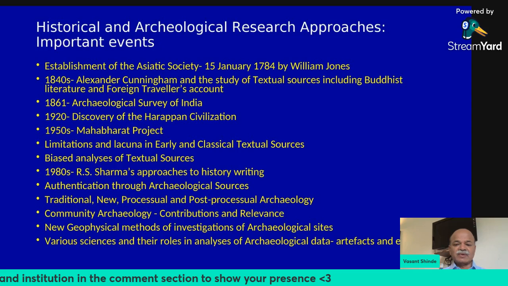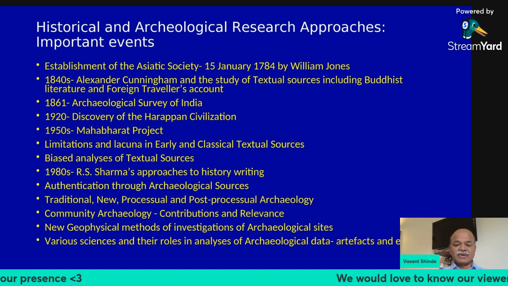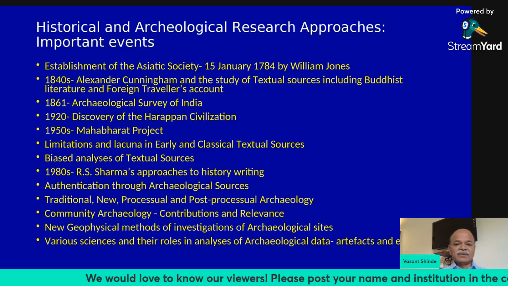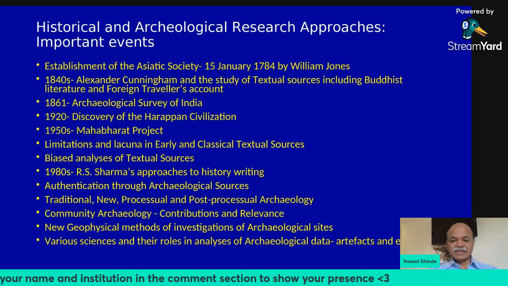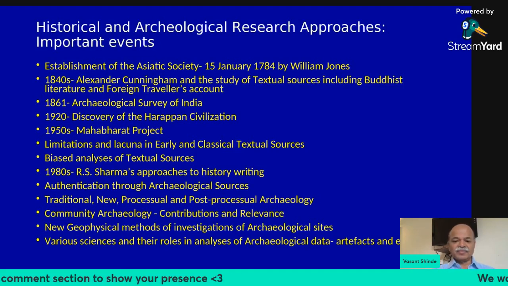So even though we have a lot of information in this literature, sometimes because of these limitations, we are not really able to use them effectively for writing history. Secondly, we also have classical textual sources, from the early historic period onward. But the problem with these classical sources is that they do not talk about the common people.